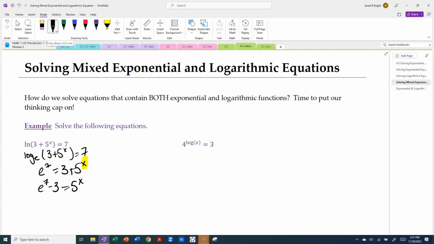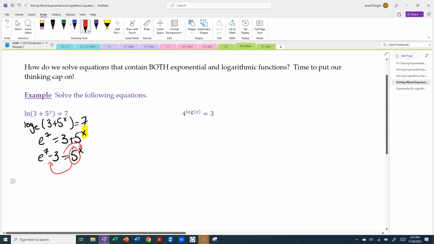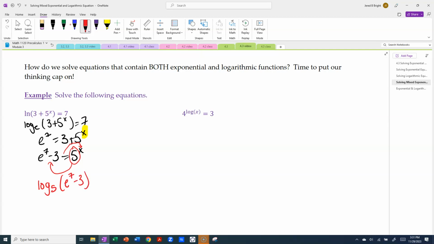And then lastly, to get rid of the base of 5, this is where to undo an exponential, I need to use a logarithm. I need to convert it to log form. So then I'd have log base 5 of this is equal to my exponent. So the log form would be log base 5 of e to the 7 minus 3 is equal to x.